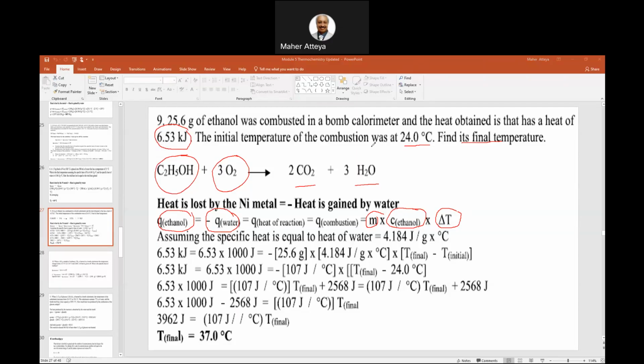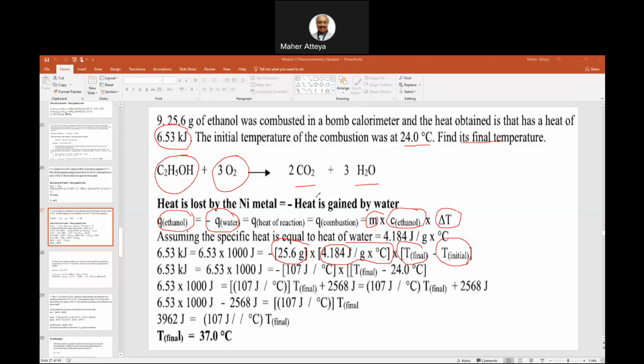So you can fairly use the specific heat of H2O, which is 1 calorie per gram degree Celsius, or 4.184 joules per gram degree Celsius. That's the mass here. And this is T final minus T initial, correct?